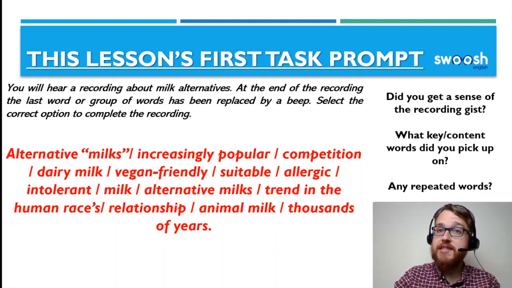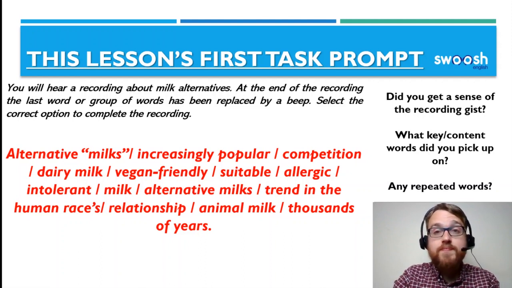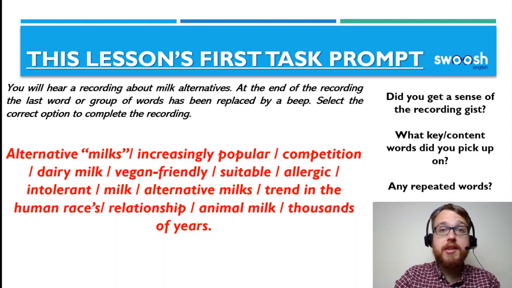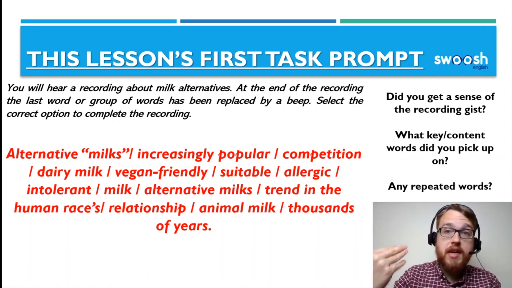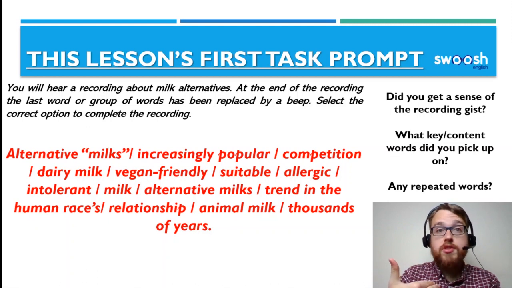So, what is the gist of the recording from these words? Well, obviously, it's talking about how alternative milks are becoming increasingly popular and are competing against dairy milk, especially for those who are intolerant to dairy or are vegan. Also, how the human race's relationship with milk has differed over thousands of years.